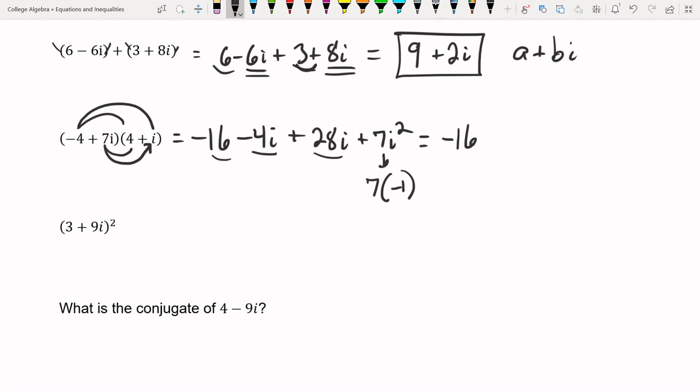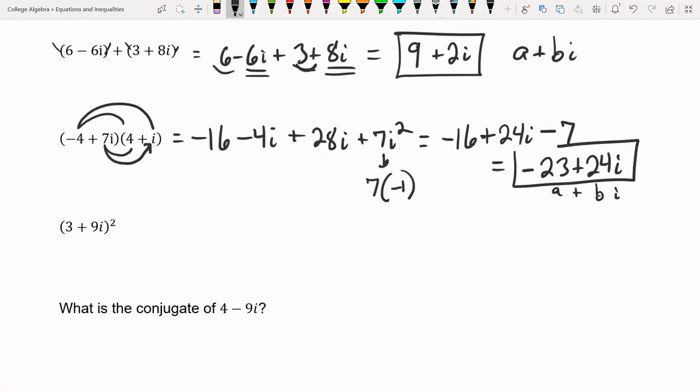We have negative 16 minus 4i plus 28i is plus 24i. And then we have minus 7. So we can now combine negative 16 and negative 7, giving us negative 23 plus 24i. This is written as a plus bi, and that's our final answer there.